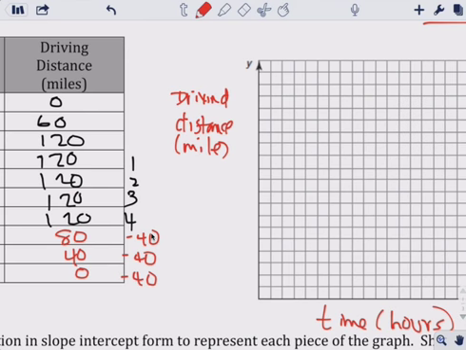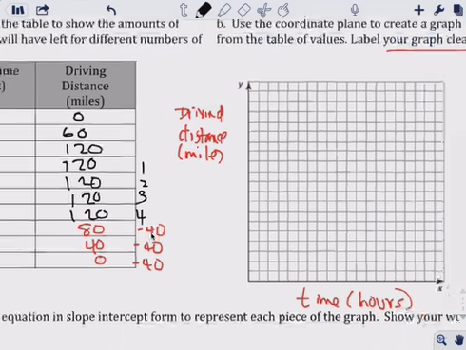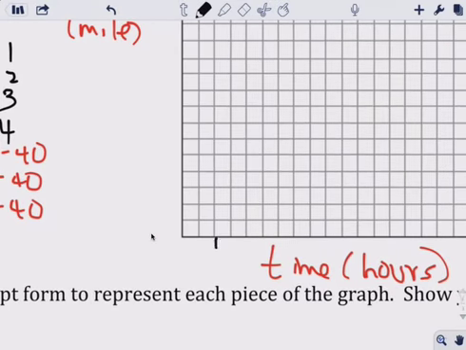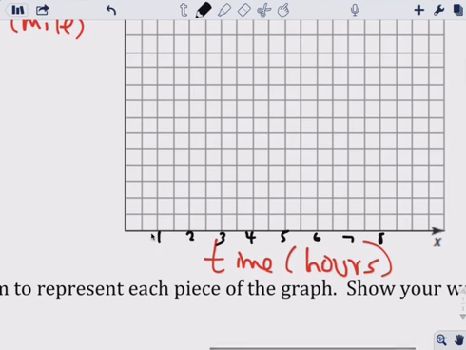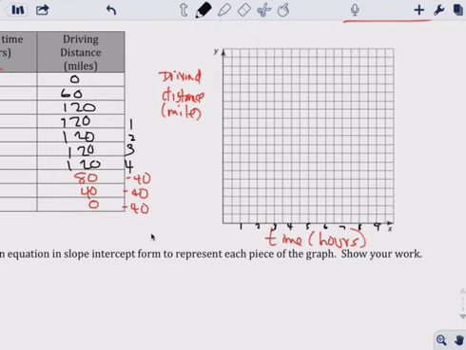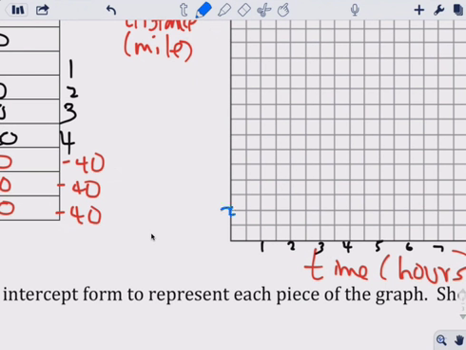Alrighty. The hours are 1 through 9, so we're going to do 1, 2, 3, 4, 5, 6, 7, 8, 9 to fit them all. We got 120, so we can count by tens.